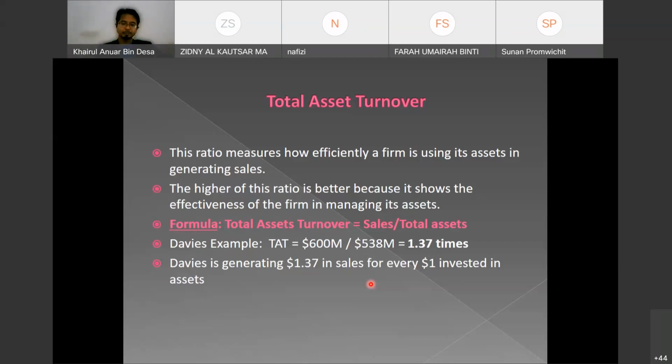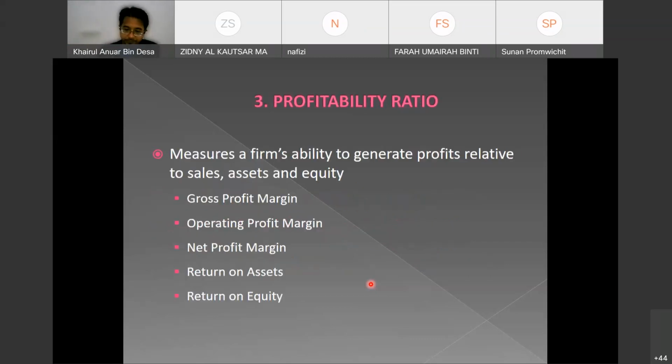So you can see here, ratio analysis can detect the problem. Can point the problem. So the corrective action should be taken to overcome inventory problem. So now we move to the profitability ratio, nisbah keuntungan.